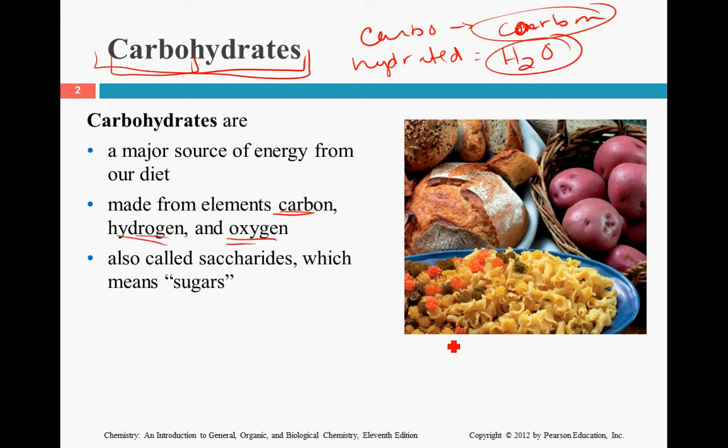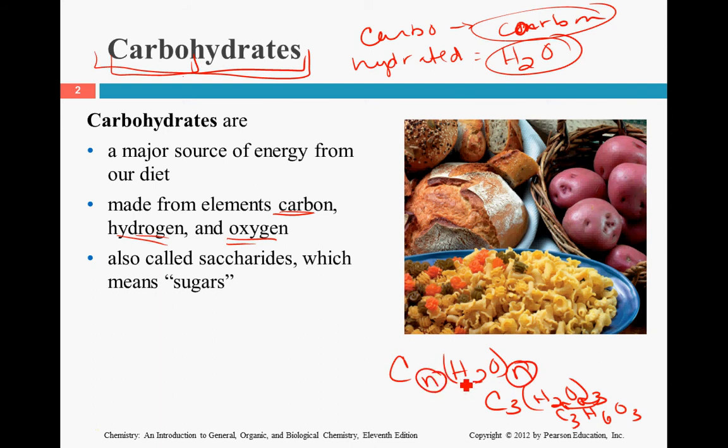In fact, most of the breakdown of it would be Cn(H2O)n, which means for every 3 carbons, for instance, there are 3 sets of water, which means the chemical formula would be C3H6O3, because everything inside the parentheses gets multiplied by 3.